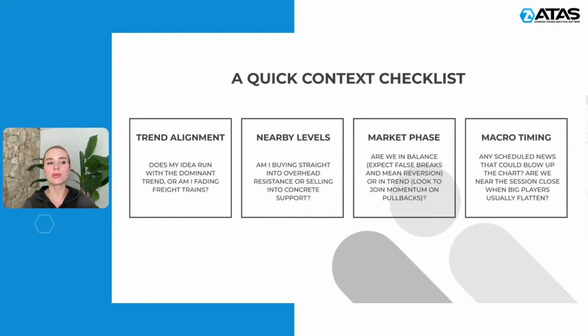Secondly, nearby levels. Am I buying straight into the overhead resistance or selling into the concrete support? Am I buying and right above my price there is a big high volume node and a big volume accumulation area that is most likely going to act as a resistance and stop the price from moving higher? Am I buying straight into the big sellers activity?